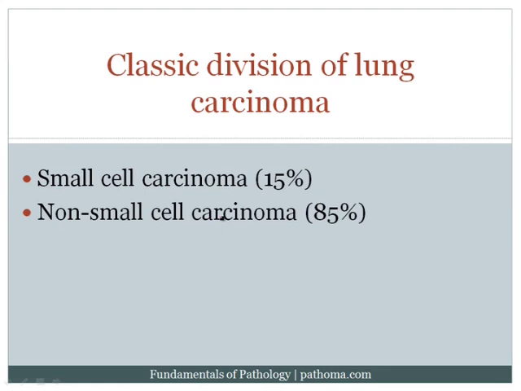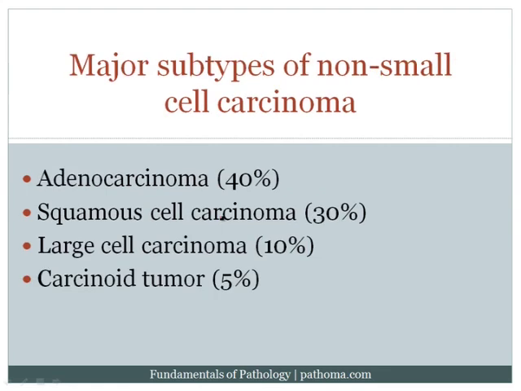As far as non-small cell carcinoma is concerned, that can be divided into several major subtypes. So when you're looking at the slide, if you see glands or mucus production, these are the two key features of adenocarcinoma and are high yield to understand. If you see glands or mucus production, then we call that an adenocarcinoma.